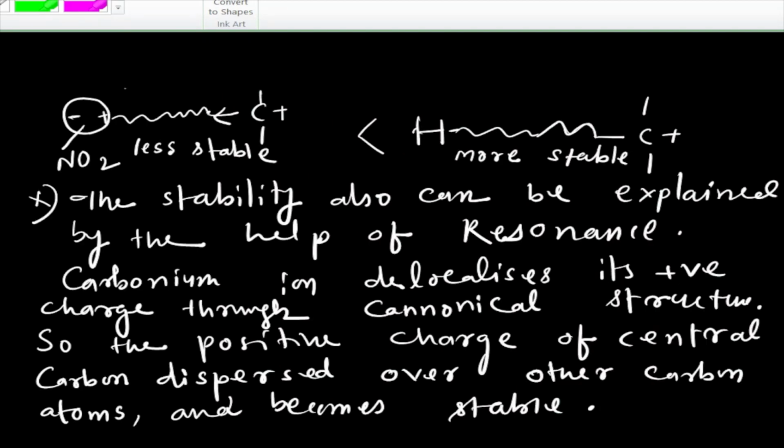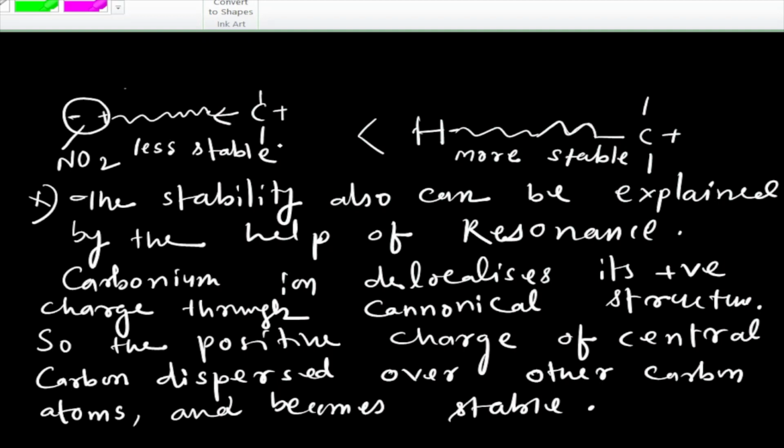Now you can observe here, if NO2 is attached here, and on this side only hydrogen is attached, which one is more stable? I told you, if an electron withdrawing group is attached, then it is less stable, because it will withdraw electrons from the carbonium ion. And now here 6 electrons are there. If the electrons are removed from the carbon, then what happens?